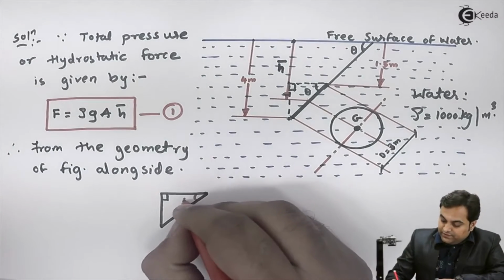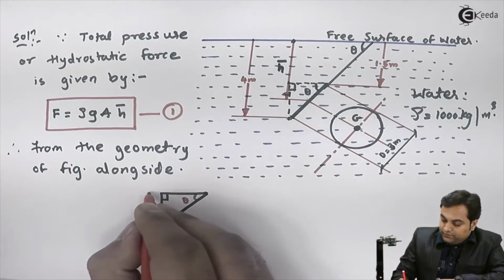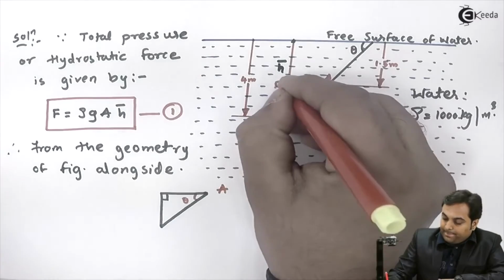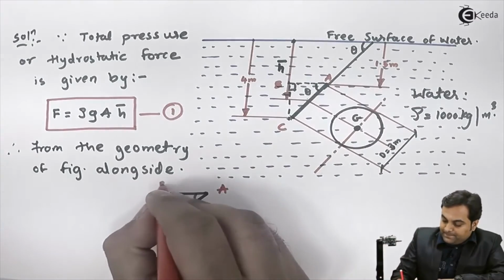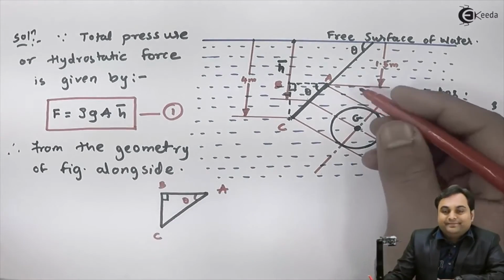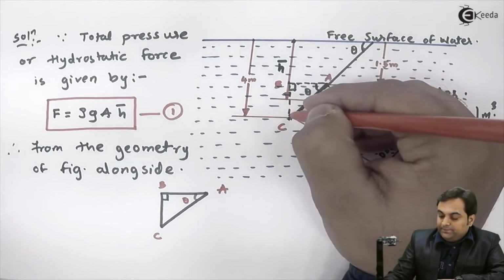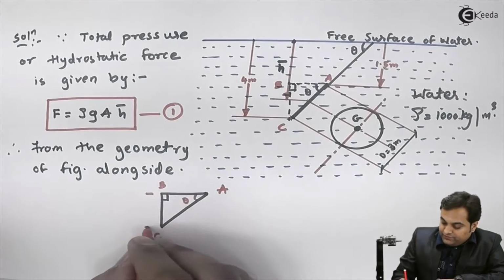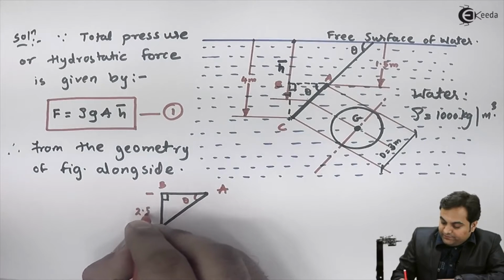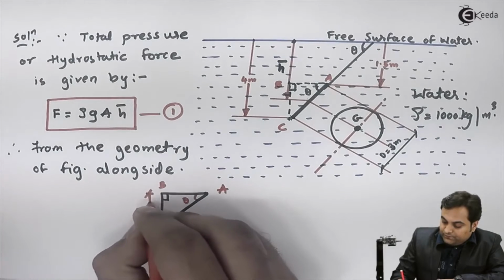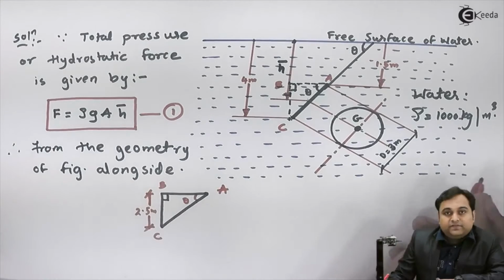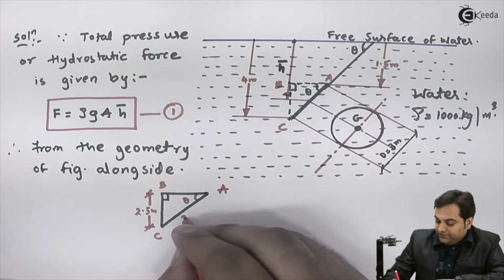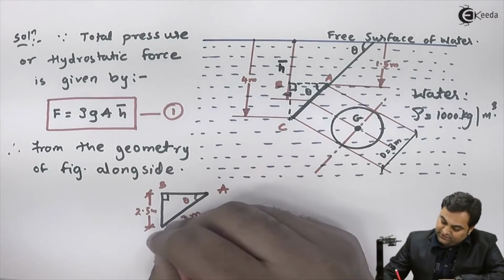This angle is theta. Here I'll say that this is triangle A, B, C. Now distance B to C is known to me, that is 4 minus 1.5. So this distance is 2.5 meter. Next, AC is the hypotenuse, which is the diameter. Here I have this as 3 meter.